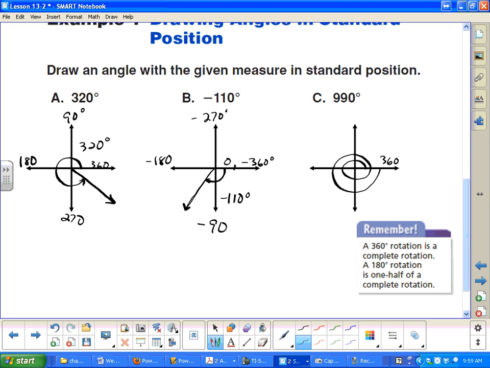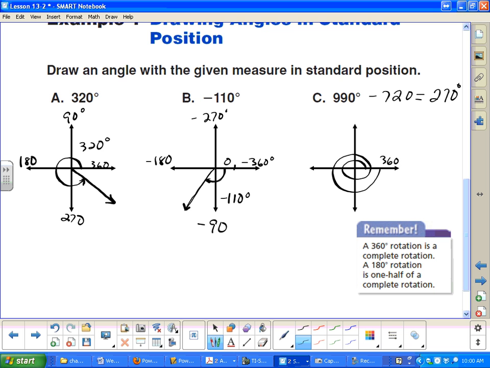To figure out where to end up with my 990, I subtract 720 degrees, because that's two rotations. Would a third rotation be more or less than 990? No, so we can subtract to figure that out. 990 minus 720 is equal to 270 degrees. That means I've got to go an additional 270 degrees.